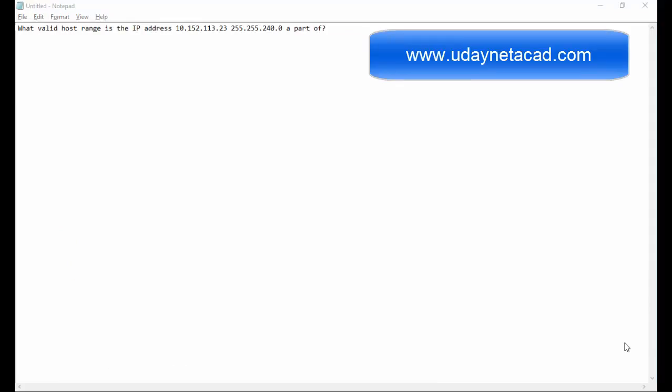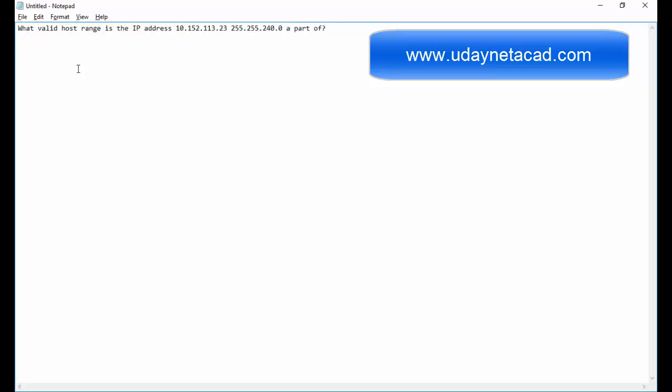Moving on to the example of subnetting on class B. We have a question here. What valid host range is the IP address 10.152.113.23 with the subnet mask of 255.255.240.0 a part of?